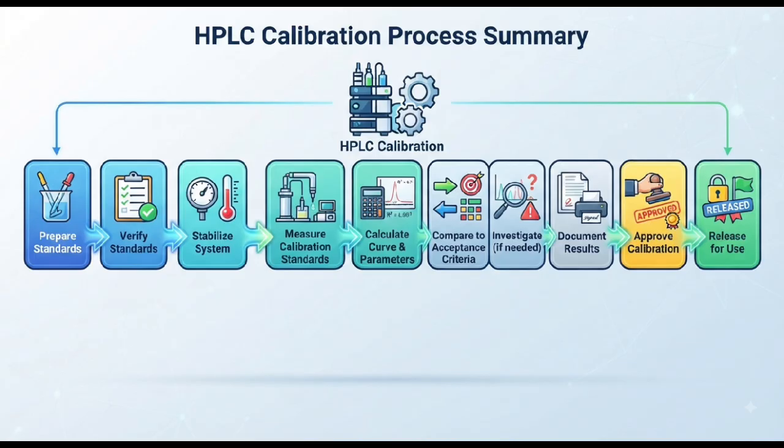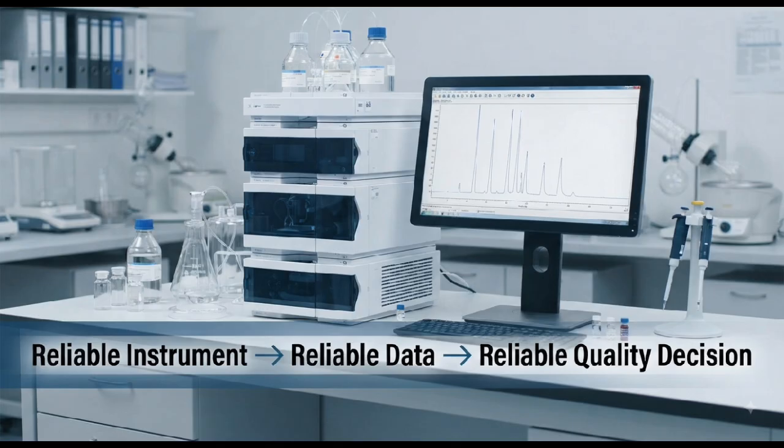The key principles are: use appropriate and valid reference standards, use calibrated measuring equipment, follow the approved procedure, record raw data accurately and contemporaneously, compare results against predefined acceptance criteria, investigate failures appropriately, and maintain complete data integrity and documentation.